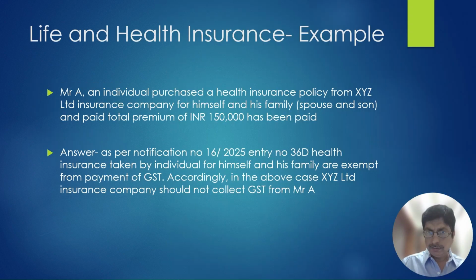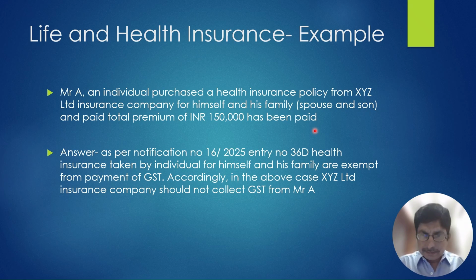Have you understood? Let's take an example that Mr. A, an individual, purchased a health insurance policy from XYZ insurance company for himself and his family. Spouse, son, family means family as considered by the insurance company. Generally, it is dependent parents, spouse, children, daughter, son, etc. And he paid a total premium of 1,50,000.